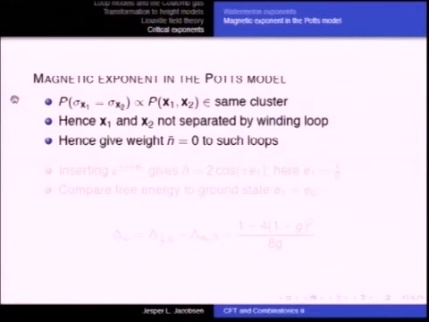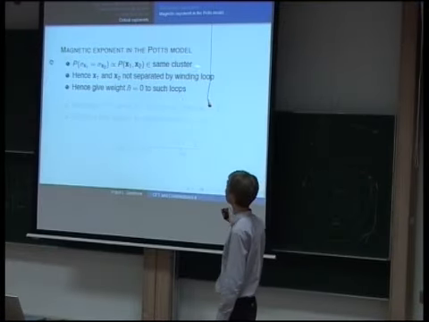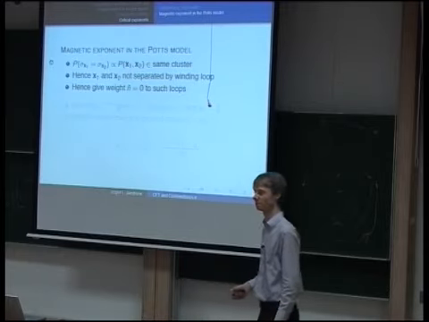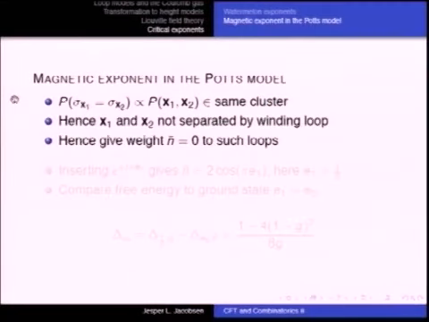Okay, let's turn to the magnetic exponent in the Potts model. So the magnetic exponent in the Potts model for Q equals 1 is the codimension of the fractal dimension of a percolation cluster. For the following reason, the probability that two Potts spins are in the same state, you can easily check, is proportional to the probability that the 2 points belong to the same cluster. So they will decay with a common exponent algebraically. Okay, so what does it mean that 2 points belong to the same cluster?